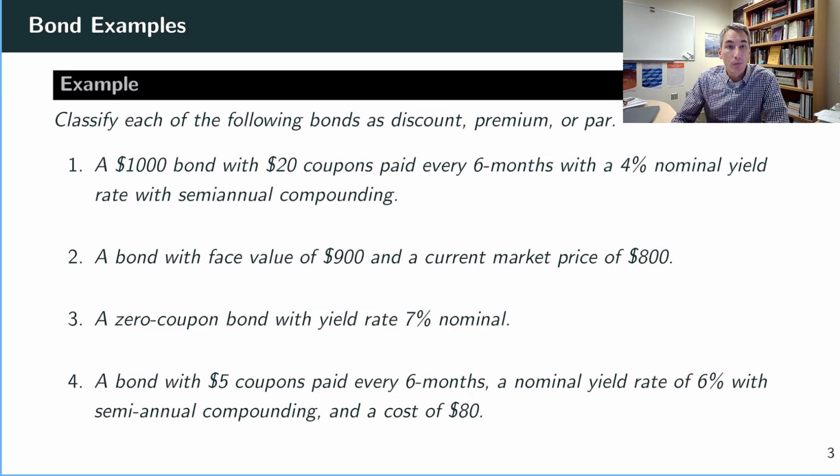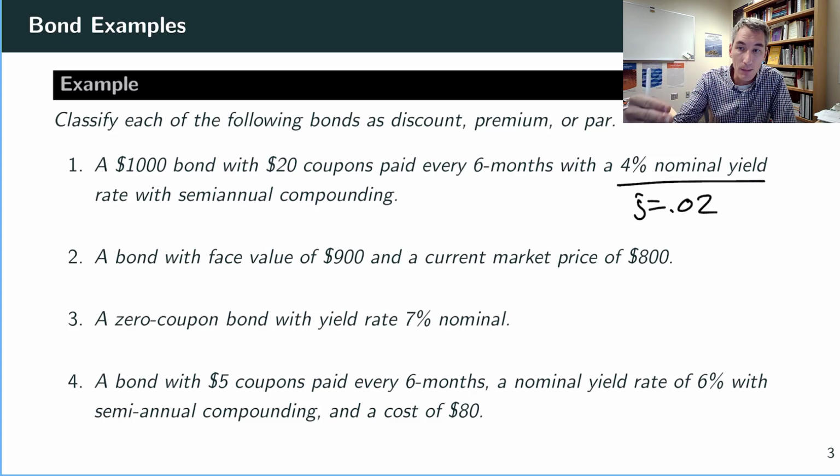So in each example, classify the bond as a discount bond, a premium bond, or a par bond. All right. So the first one, we've got a $1,000 bond with $20 coupons paid every 6 months with a 4% nominal yield rate with semi-annual compounding. So J here is going to be 0.02 because it's 4% nominal with semi-annual compounding.